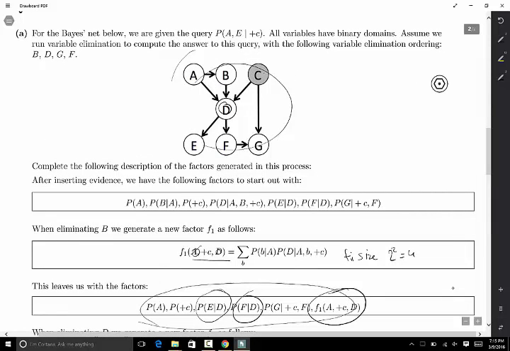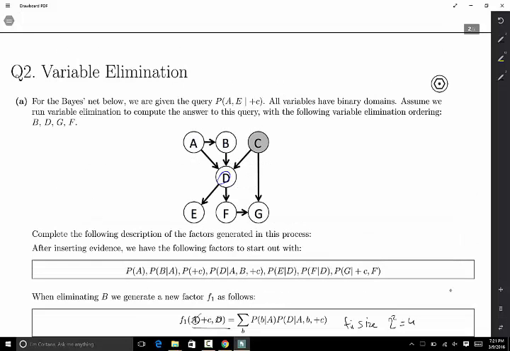And D has a lot of connections. And for each connection a variable has, that's an extra table that's going to be joined into the factor. So in order to minimize your larger factors, you want to first pick variables that have a small number of connections.